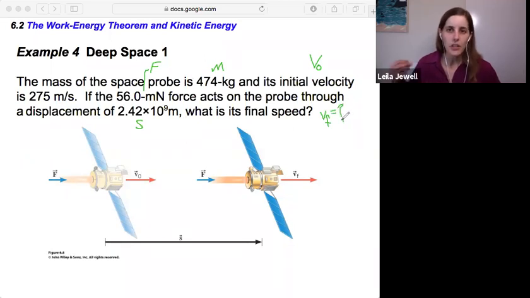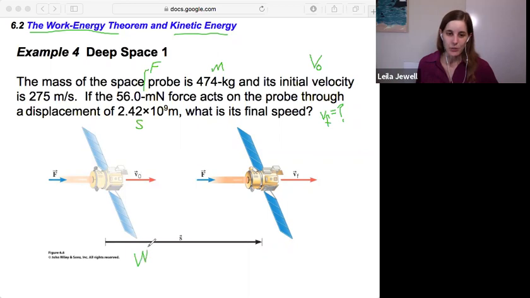So then we have to think, okay, what tools might help us out? Well, I have a feeling it's going to involve the work-energy theorem and kinetic energy. Just a hunch. So we take a look at our work-energy theorem.